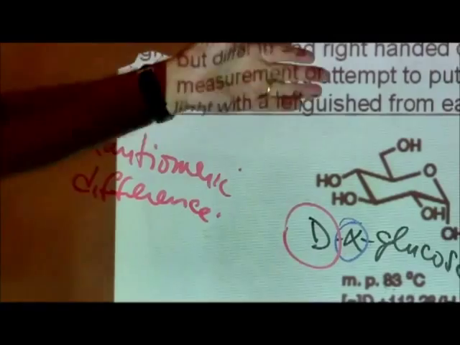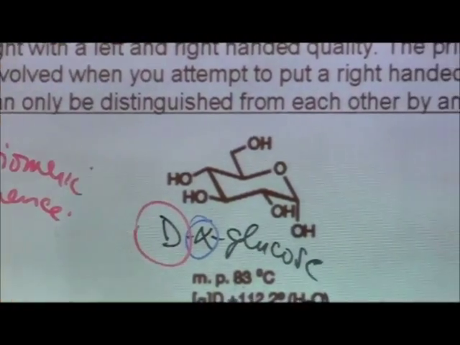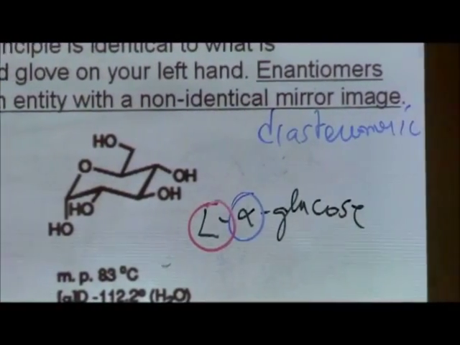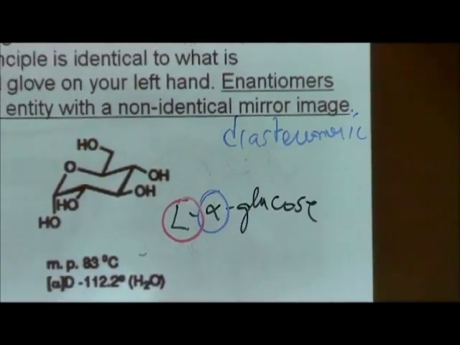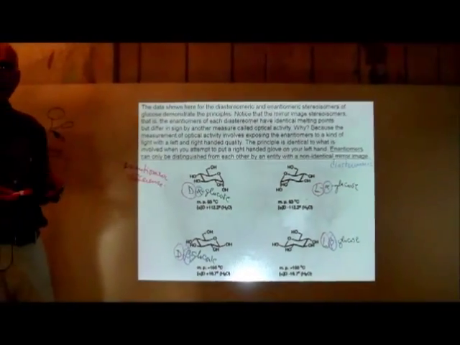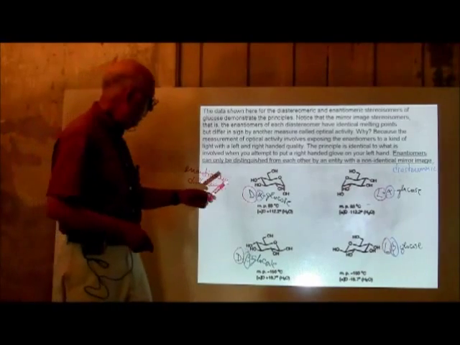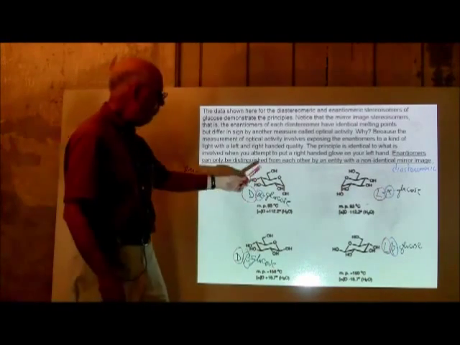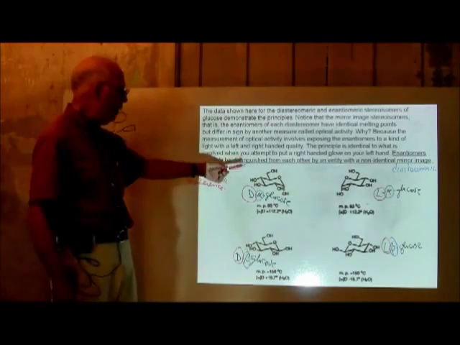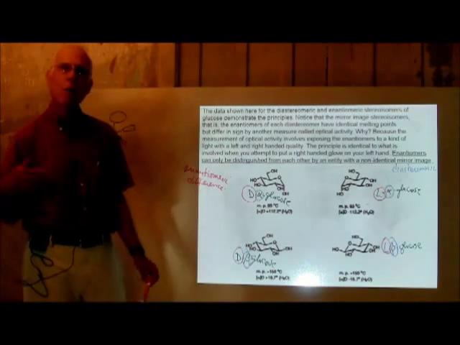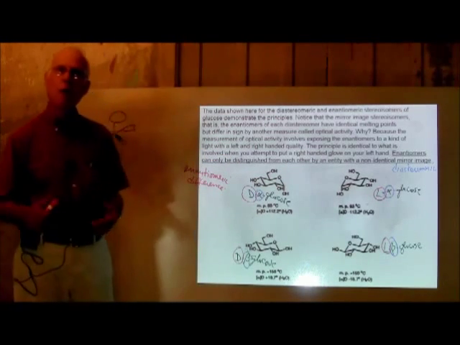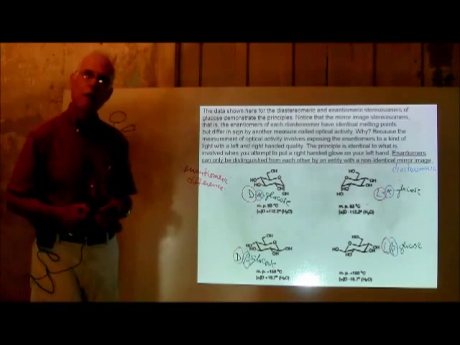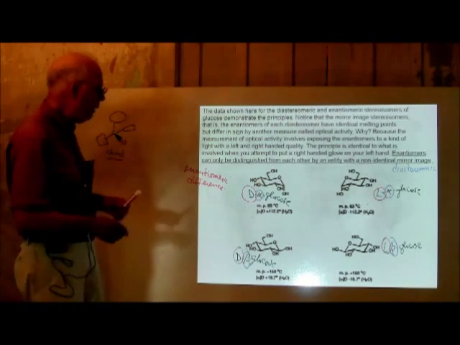These symbols, D and L, we're going to talk about in Chapter 3 in detail when we talk about galactosemia. We go back and see what Emil Fischer did. These are symbols which were arbitrarily given to these sugars when the structures in stereochemistry were first figured out in the very early part of the 20th century.